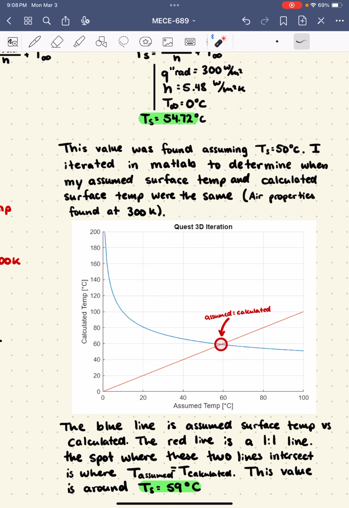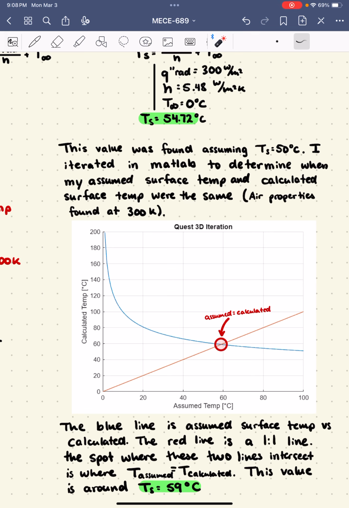In red, I've created this line that is a 1-to-1 slope. This means that when this red line intersects with this blue line, our assumed temperature matches our calculated temperature. So this should give us a closer estimate of what the value should be.